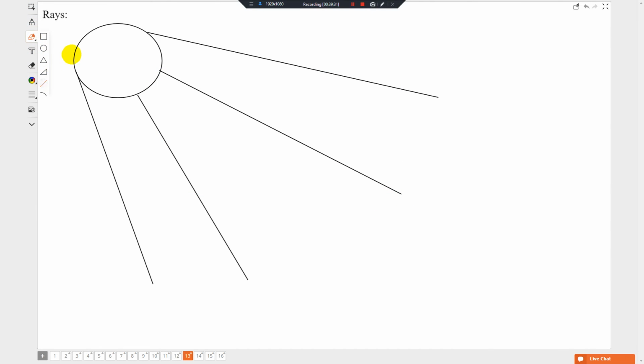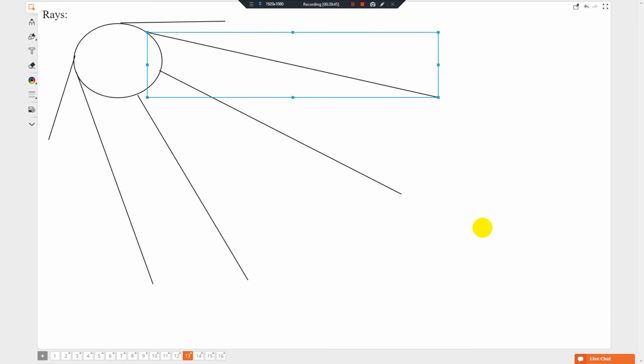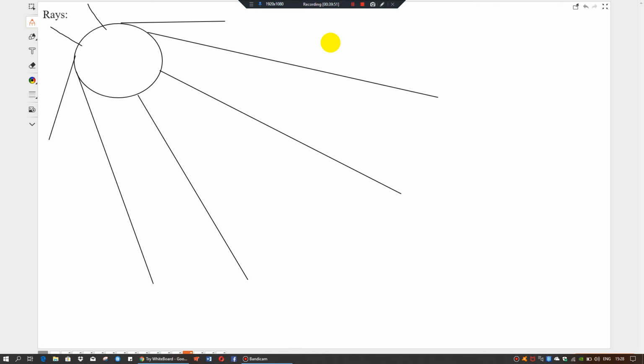See these rays. So these rays are there, right? These rays fall on the land.